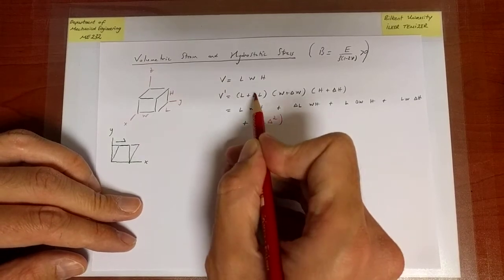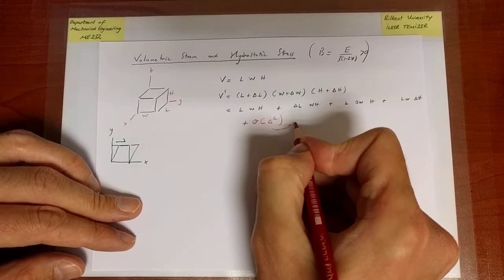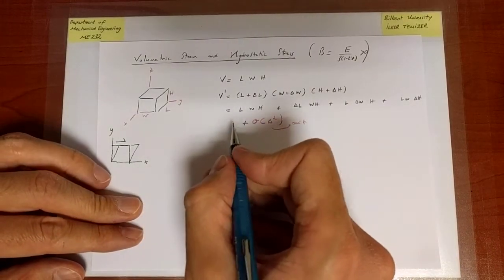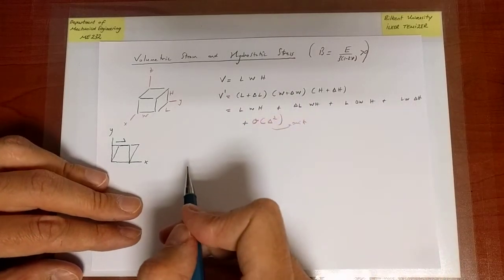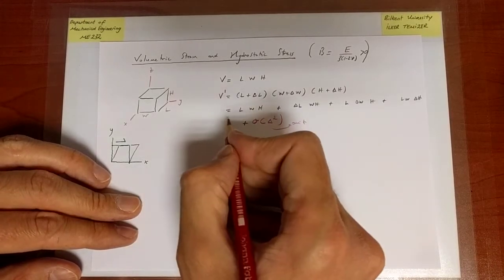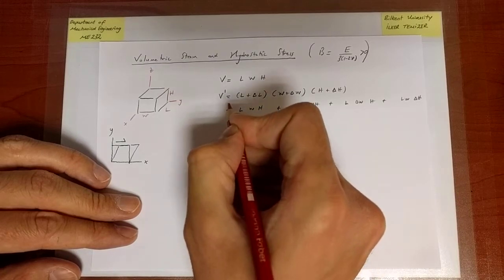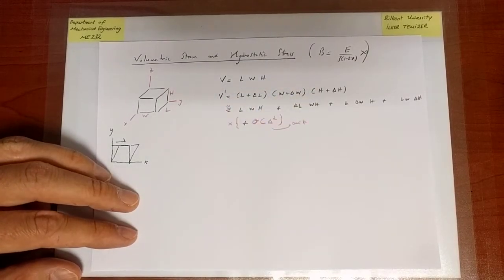And because now delta is small, we can omit this term, which means that the volume change is approximately equal to the first four terms that we have already written. So once we omit it, we have roughly V prime equals that expression.